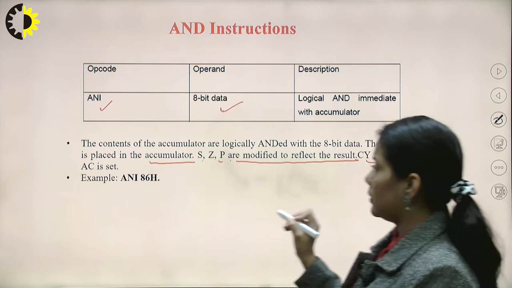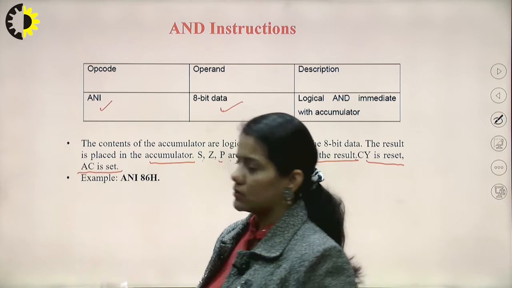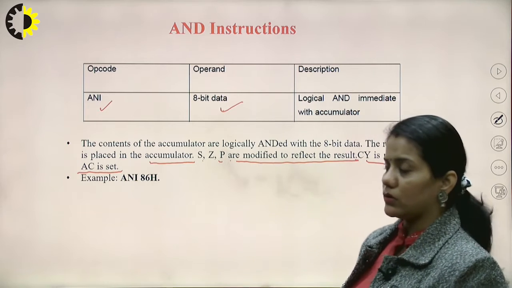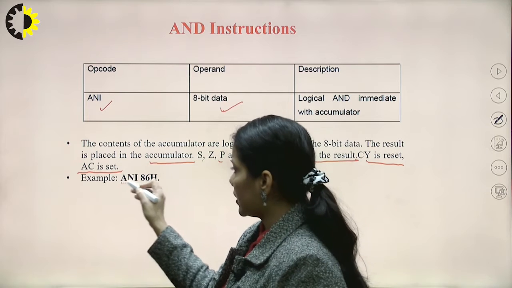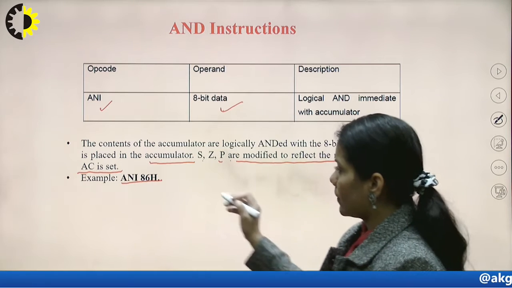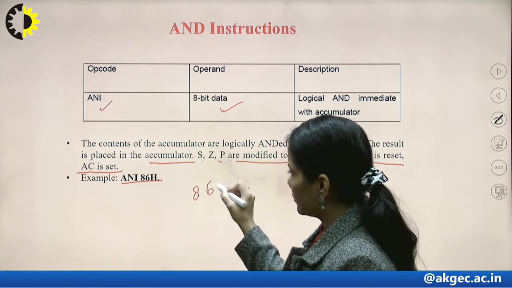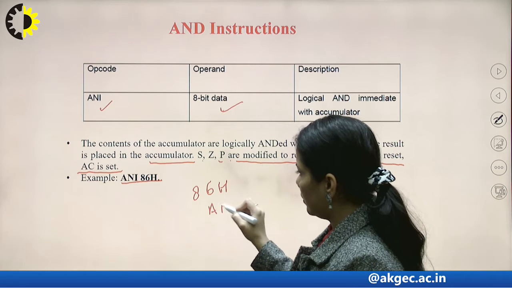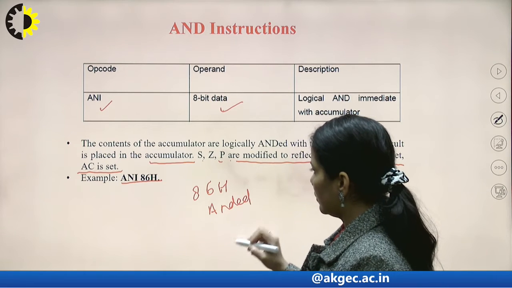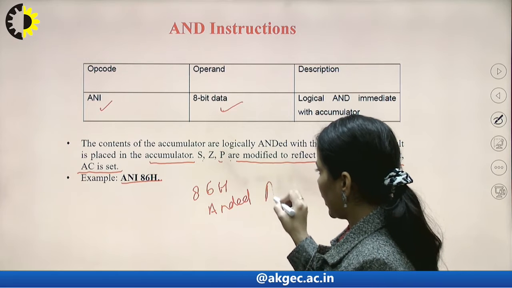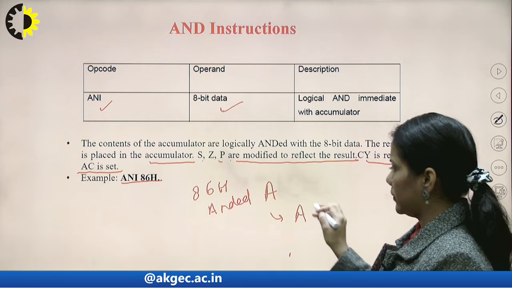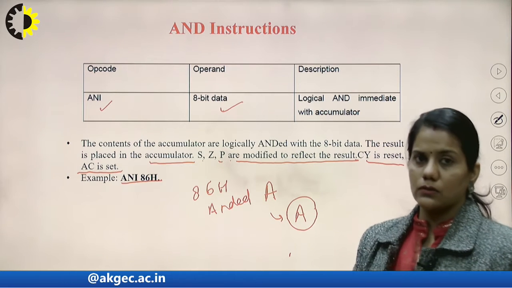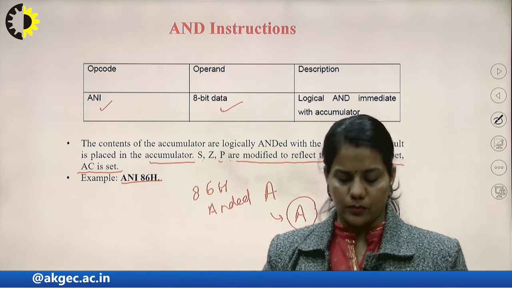Carry is reset and auxiliary carry is set. So this is how the flags are modified according to this instruction. An example is ANI 86H. This 86H is ANDed with the contents of accumulator, and the result is stored in accumulator only. This is how this operation is performed.